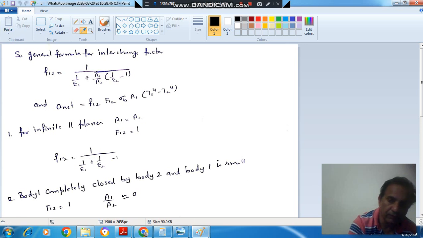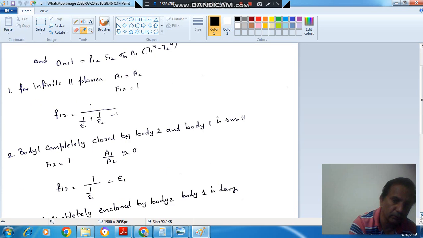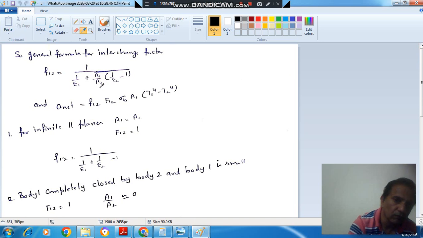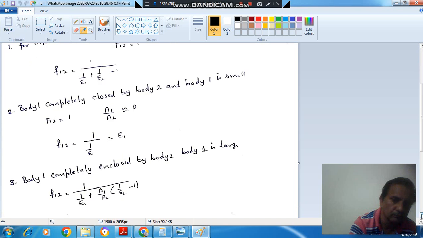Okay, for body 1 completely enclosed by body 2 and the area of body 1 is small, then A1 by A2 is approximately 0. So in this formula we put this quantity as 0, then the interchange factor will be epsilon 1 and F12 will remain 1.